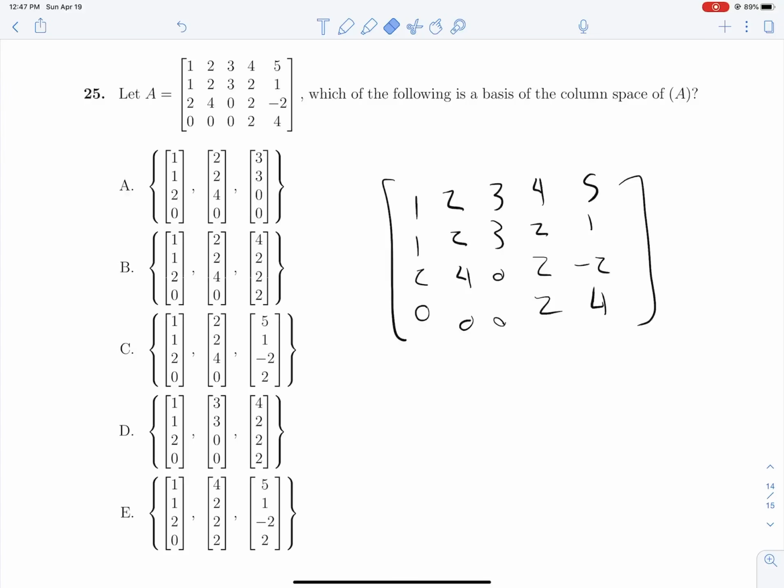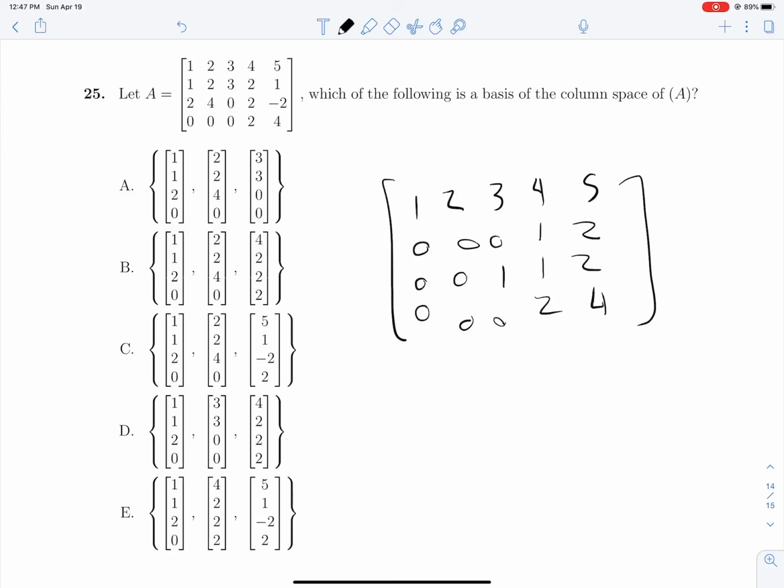Let's subtract row 1 from row 2. 0, 0, 0, negative 2, negative 4. We can turn this into a 1, 2. Subtracting 2 row 1s from row 3, we'll get 0, 0, negative 6, negative 6, minus 10 will give us negative 12 here, so this is 1, 1, 2.